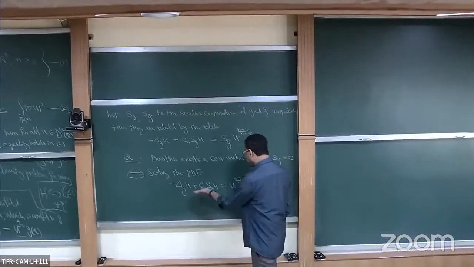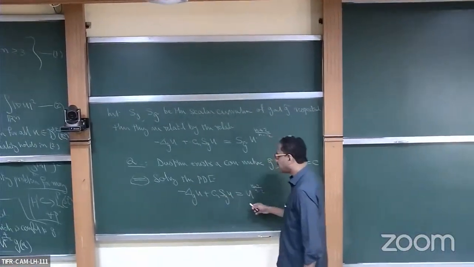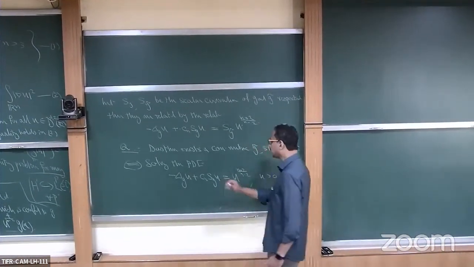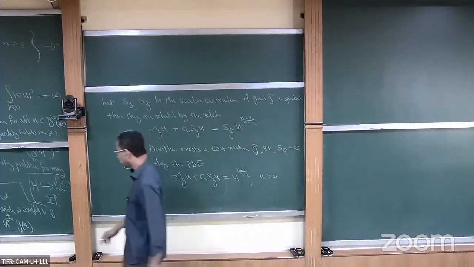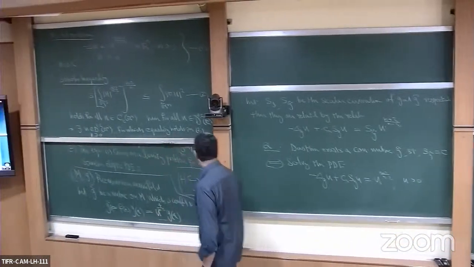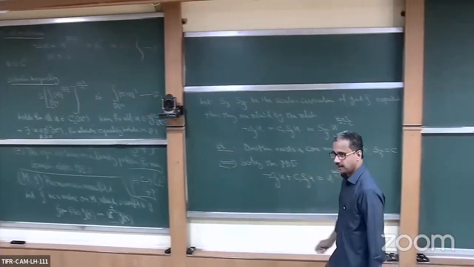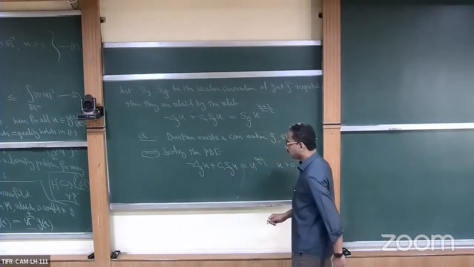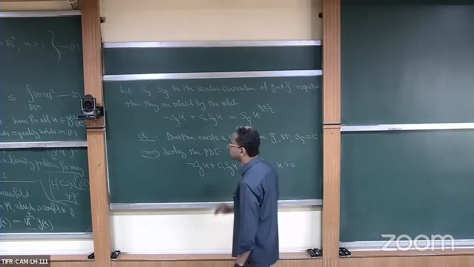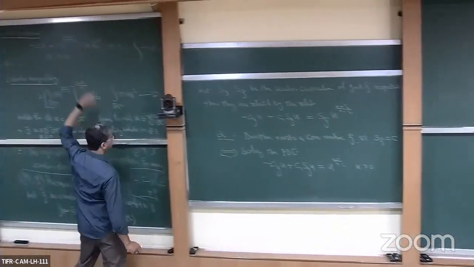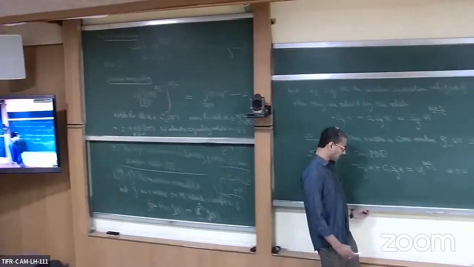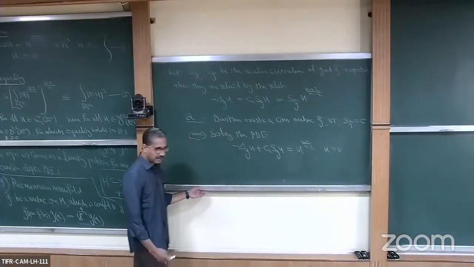If this PDE has a positive solution, then you can define the conformal metric like this, u to the 4 by n minus 2 times G, and that is going to have a constant scalar curvature. So that is one important point. You can see that this exponent n plus 2 by n minus 2 is the same as what is appearing. Now that is fine, but what is the big deal about it?